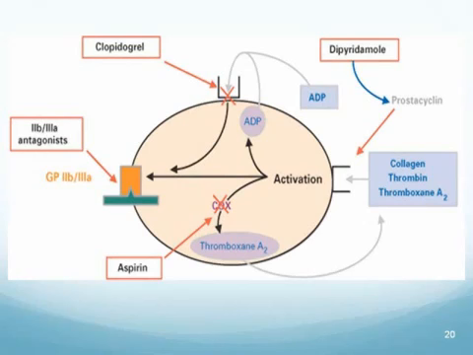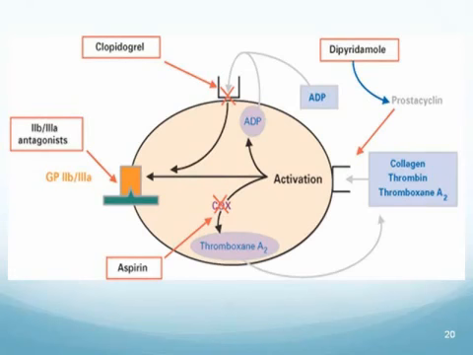All of these agonists cause the platelet to go from being quiescent into a very reactive cell. And when the platelets are activated, the glycoprotein 2B3A receptor, which is in green, these receptors are externalized on the surface of the platelet.